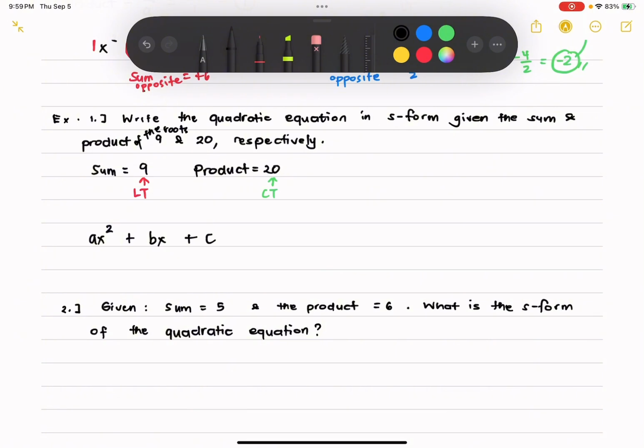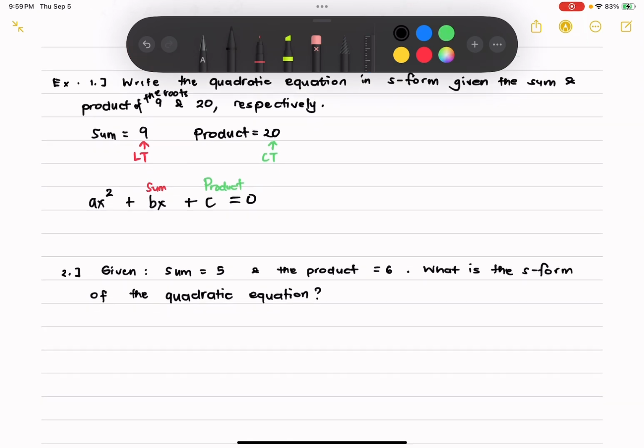Plus c equals 0. So, automatic, this is your sum, the opposite, and this is your product. Yan. So, automatic dito, dahil hindi yan naka-fraction, 1 ang value ng a mo dyan. So, magiging x squared lang yan. Tanggalin na yung a kasi automatic 1 yan. Basta't whole number ang sum and product.